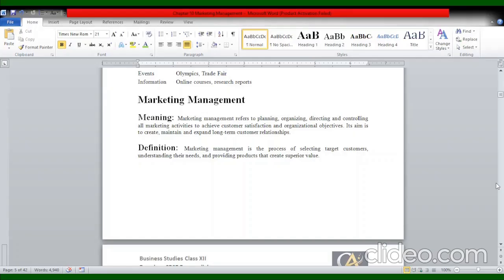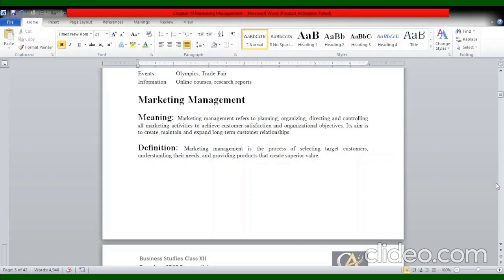Marketing management is basically a function of management in which you usually conform to planning, organizing, staffing, directing, controlling. But staffing is not a part of it, because we are only considering the manufacturing of the goods, for which we have to plan, organize, direct, and control all the marketing activities to achieve customer satisfaction and organizational objectives.